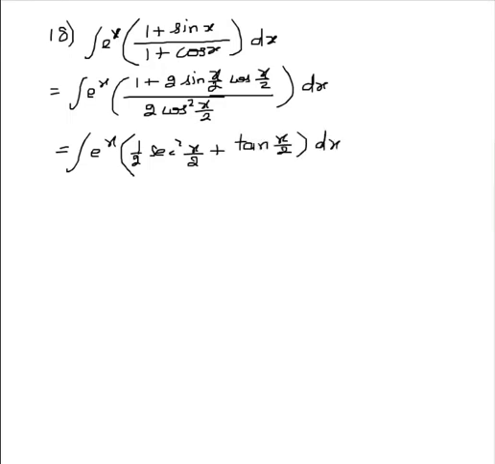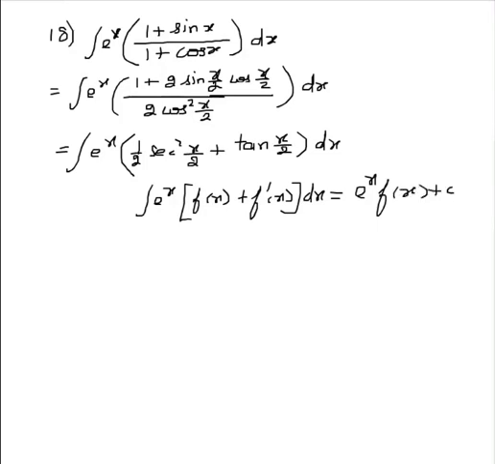And we know that differential of tan is secant square. The formula is integral of e power x into f of x plus f dashed of x dx equals e power x f of x plus c.